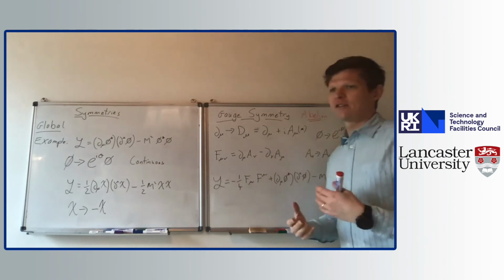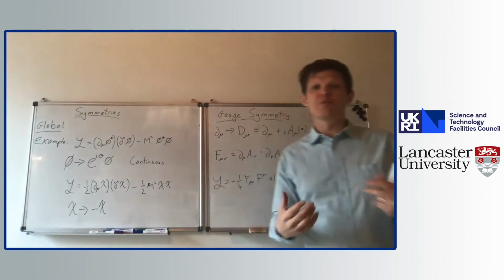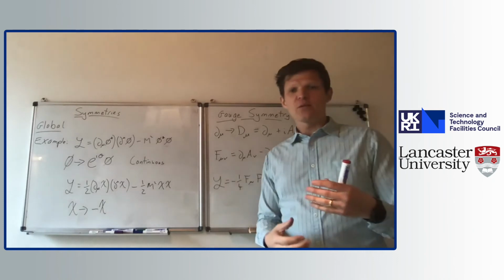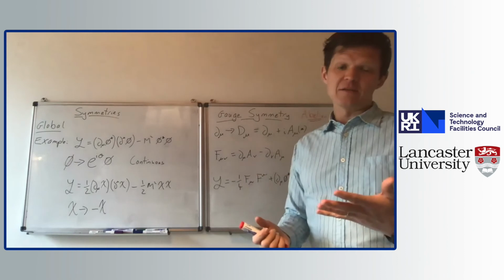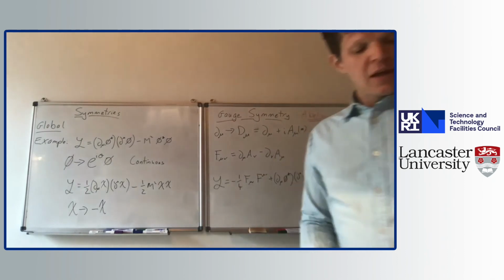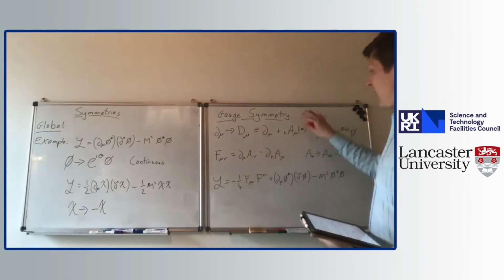Two rotations, or any number of rotations that you perform, it doesn't actually matter which order you perform them in, you will always get the same final result. But nature likes abelian symmetries.